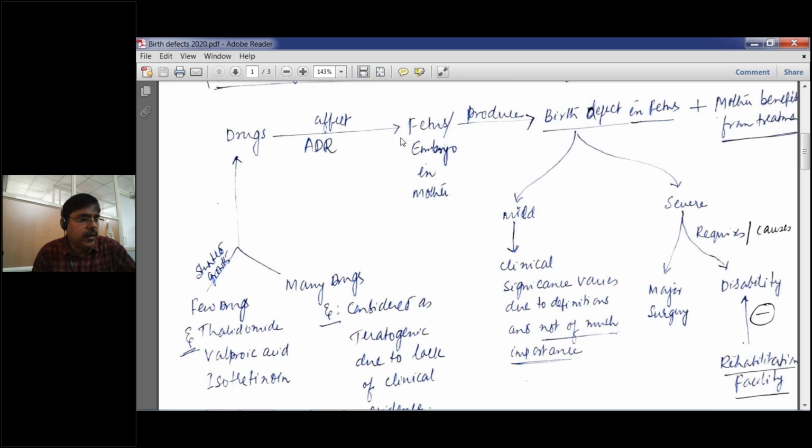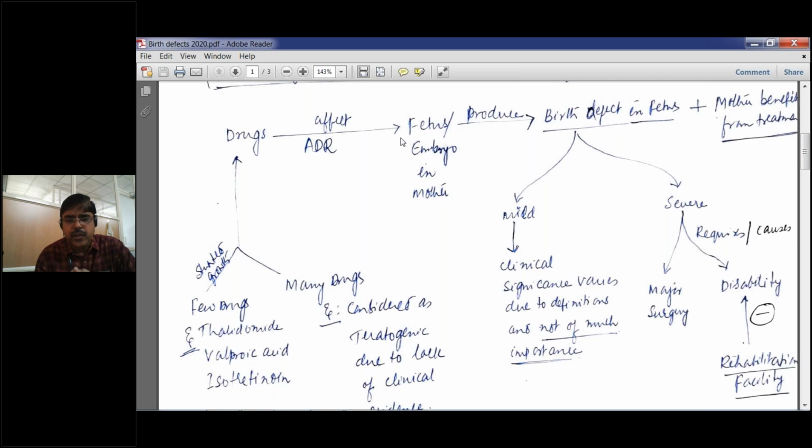From 8th week till the childbirth is called as fetus. So drugs can produce the effect in either of these two stages. Some drugs may act in between also. That we will understand later, at what stage each drug can act.